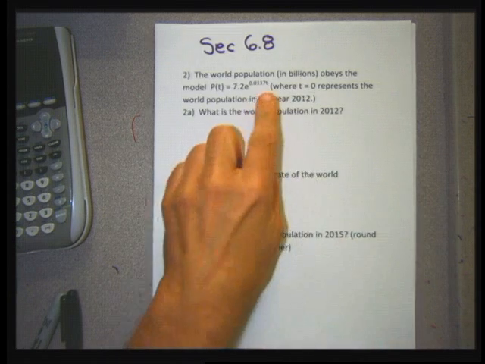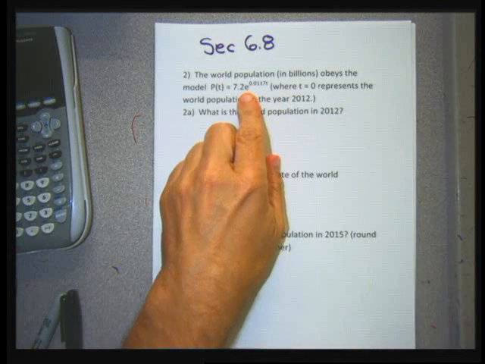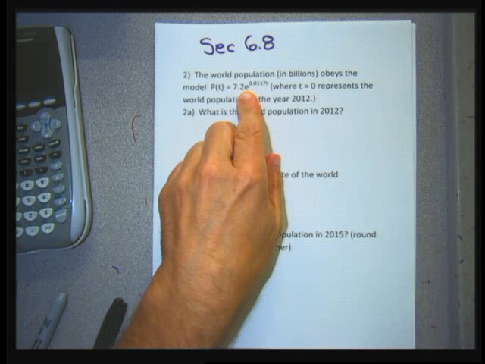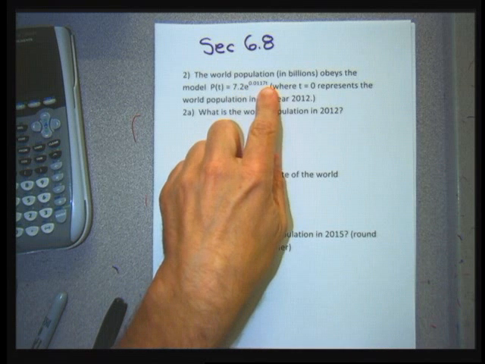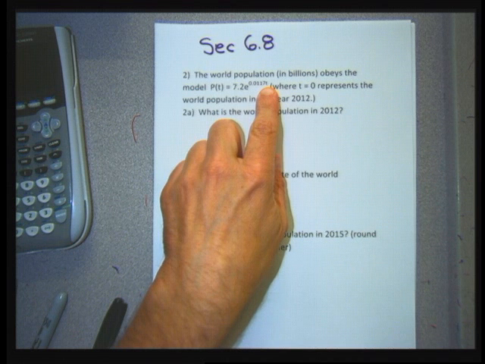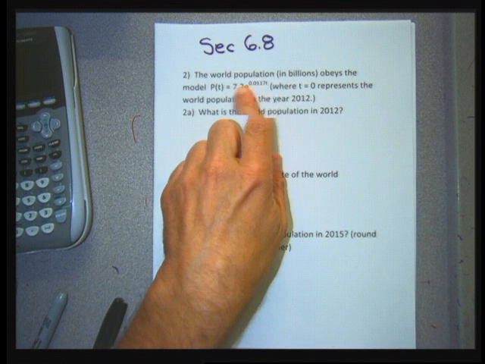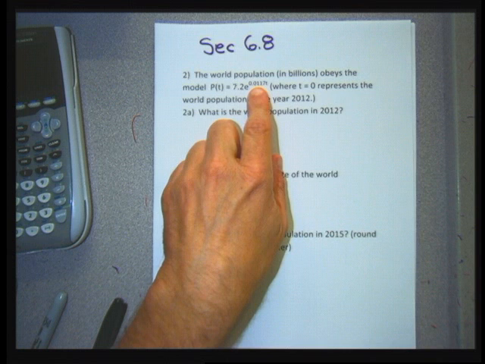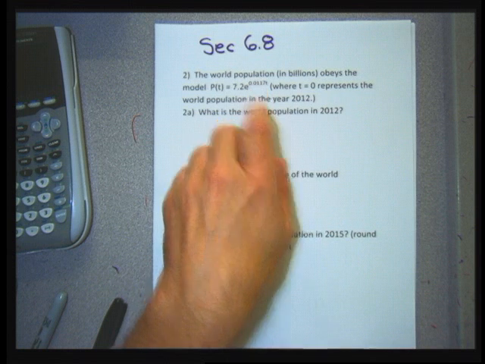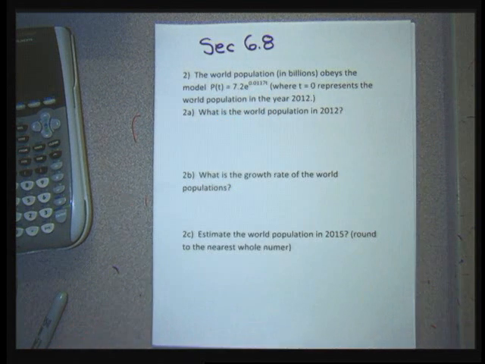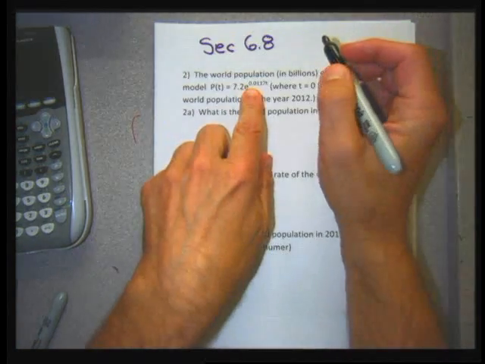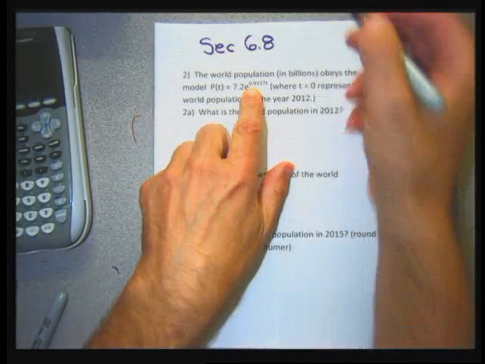First of all, the letter in the equation, not the e, because e is like pi, it's like 2.718, the letter in the equation is in the exponent, so I would call this an exponential equation. Because the number to the left of the letter is a positive number, I call this an exponential growth equation. If the number next to the t was a negative, I'd call it an exponential decay.